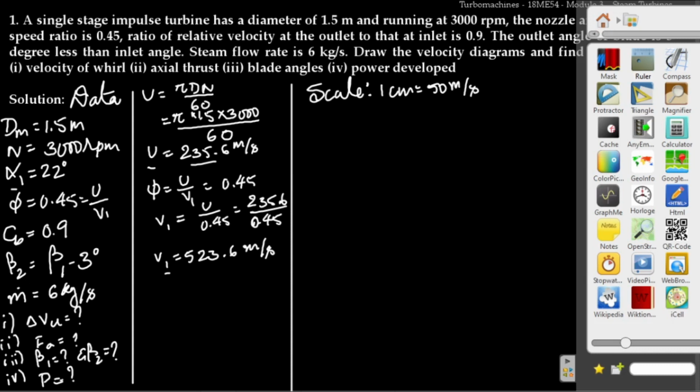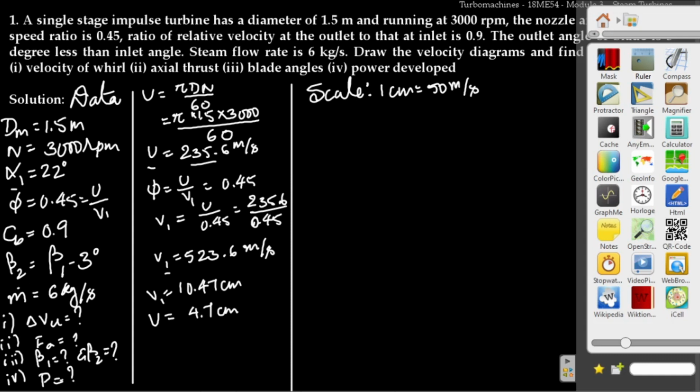According to that scale, the length of V1 will be around 10.47 centimeter, and the length of U will be around 4.7 centimeter.